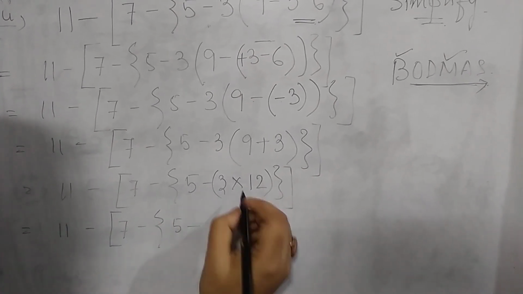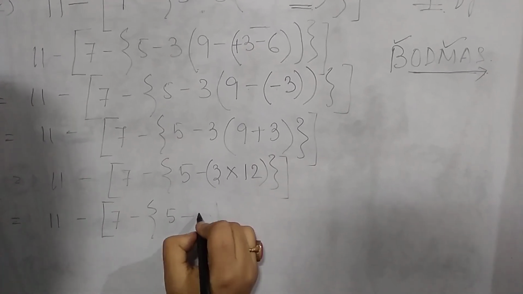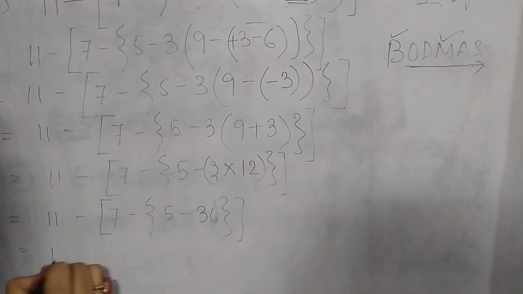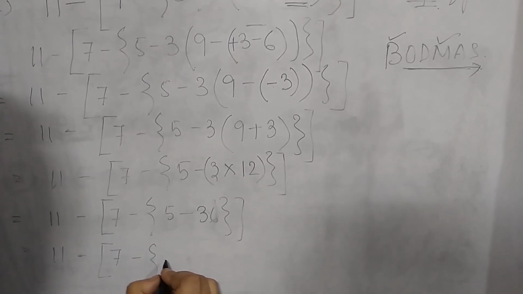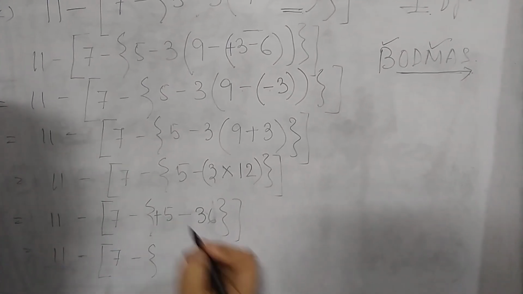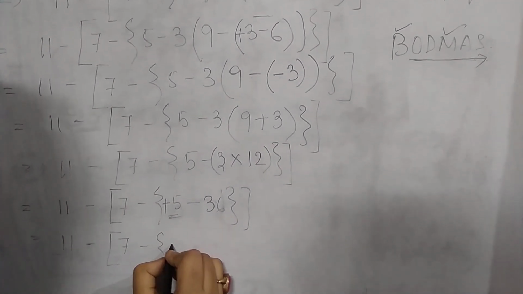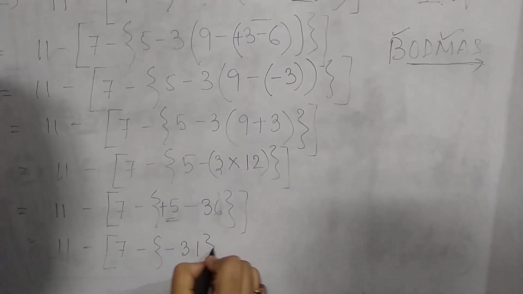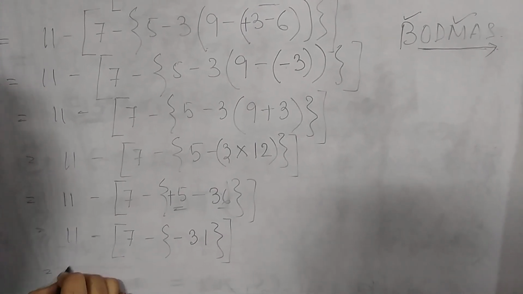5 minus 12 threes are 36. Now when we are doing the subtraction, here 5 is the positive number and 36 is the negative number. So we'll get a number of minus 31, because 36 is greater than plus 5.